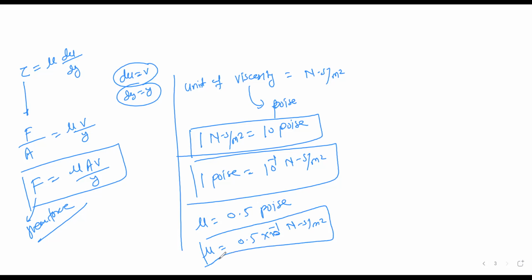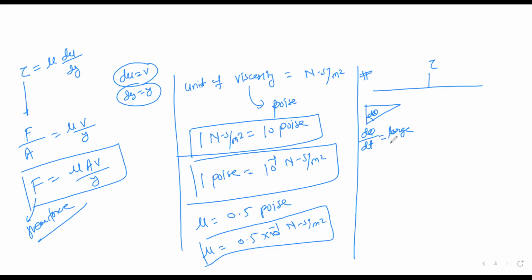One more concept you should remember here. This is tau, the shear stress. If the rate of angular deformation, d theta by dt, is large, then the flow is easy.